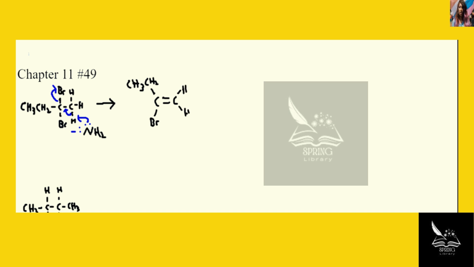Okay, and so I'm going to redraw this exact same thing right here, but I'm going to draw it a little bit differently. And you'll see why in a moment. So we could also draw this like this, where we have CH3, C, H, C, and we'll put a bromine here, carbon-carbon double bond here, and our two hydrogens here.